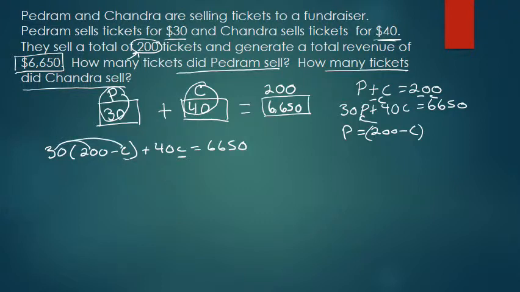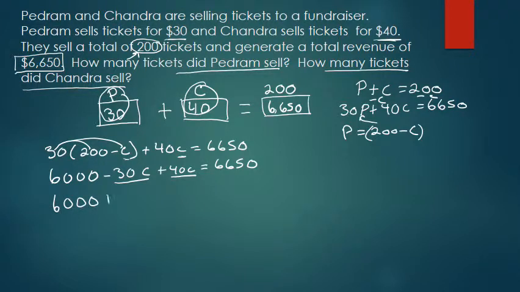Now I need to distribute that, and I get 6,000 minus 30C plus 40C equals 6,650. Now I combine my like terms, which are my variables of C. So I have 6,000 plus 10C.